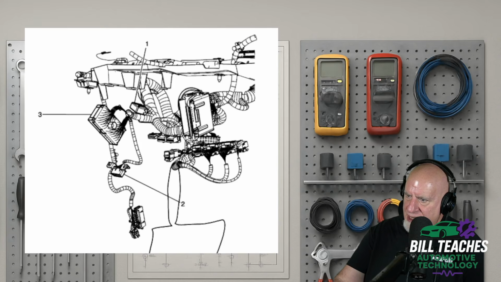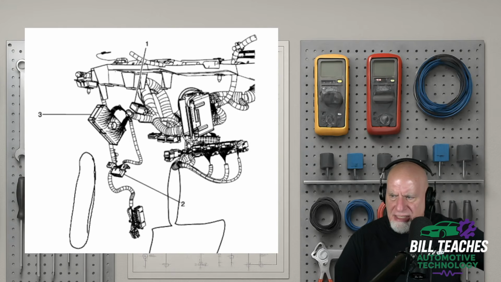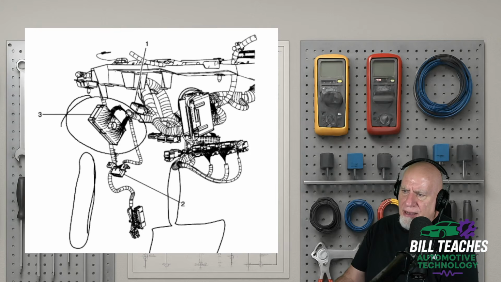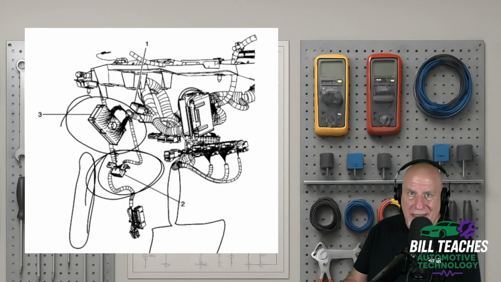This big connector that's labeled number 3, that's the connector for the instrument panel fuse block over on the left-hand side, just to give you an idea, to kind of orient you. And then what is labeled number 2 right there, that's the data link connector, or DLC or ALDL way back in the day for some people that are my age. Number one is our Splice pack. All right, so number one right there, that is our Splice pack.